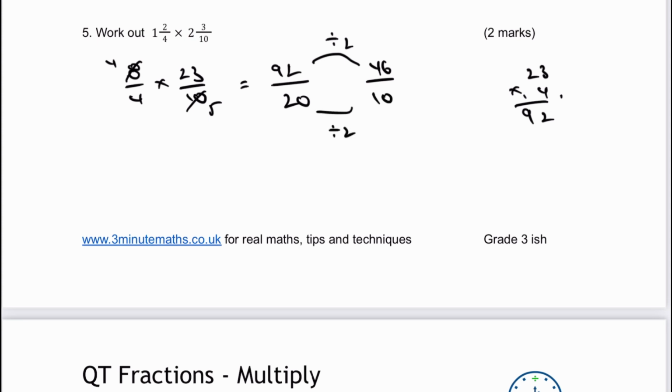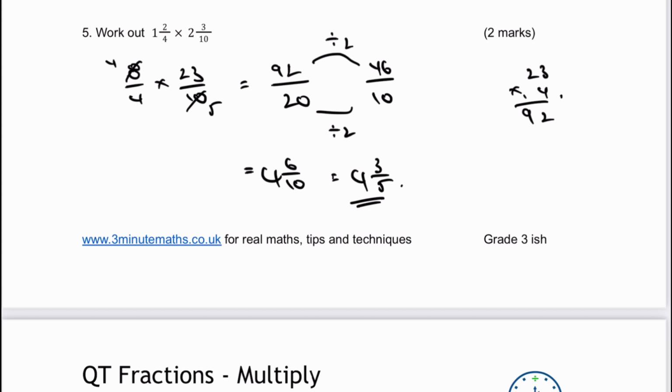Well, 46 over 10 is exactly the same as saying 4 wholes and 6 tenths, if you like 4.6, and that will then reduce to 4 3/5, and that would be the answer to that particular question. So a little bit more problematic, but we are looking at some sort of higher value questions here. They are grade 3 type questions.